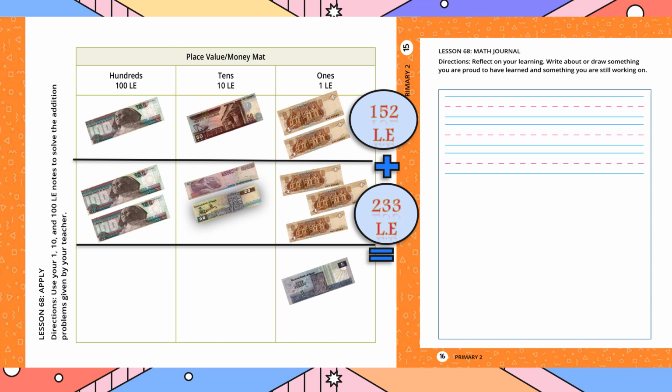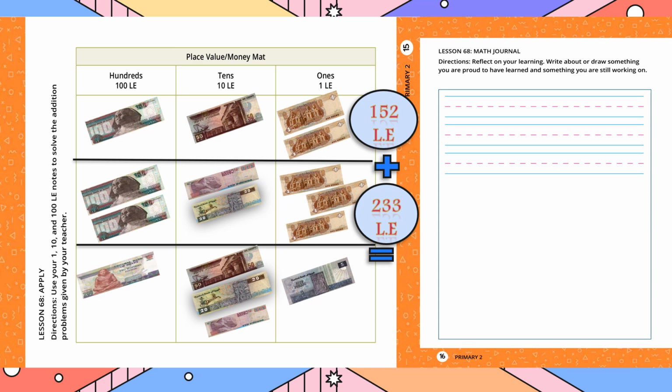Do we have any banknotes called 80? No. So we can put 50 and 20 and 10. In hundreds, 100 plus 200 equals 300. Do we have any banknote called 300s? No. So we can put 200 plus 100. So the total is 385 LE.